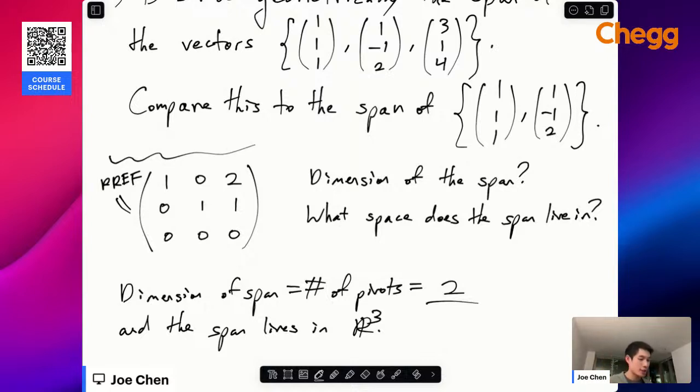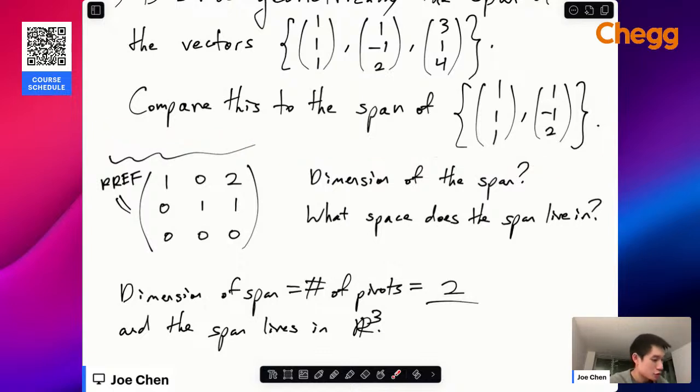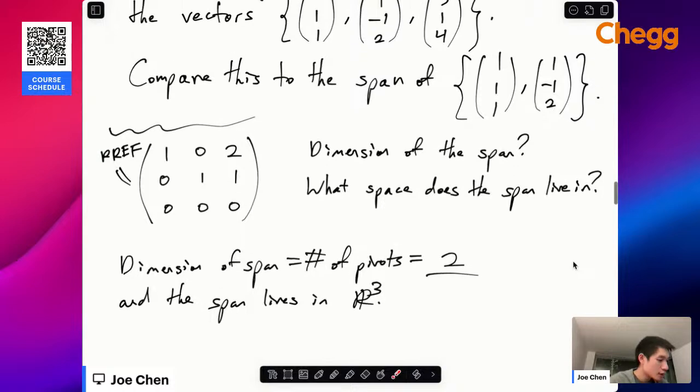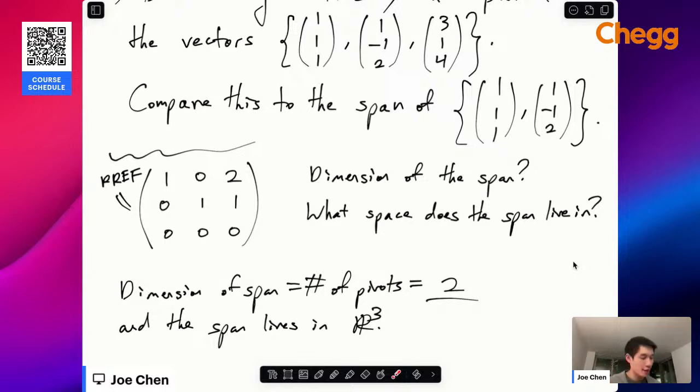Okay, but here's a second follow-up question. Compare this to the span of just the first two vectors. I have this here to illustrate a point, which is that if you were to do the same thing starting with just these two vectors, you would end up with the same matrix, but with the third column taken out.